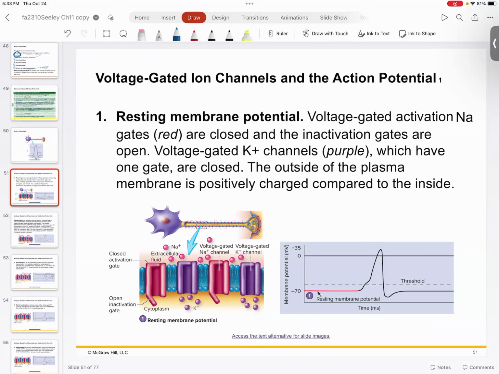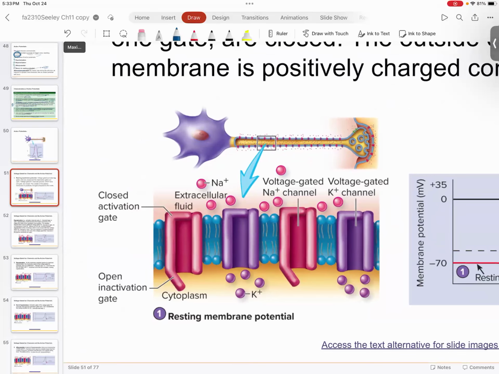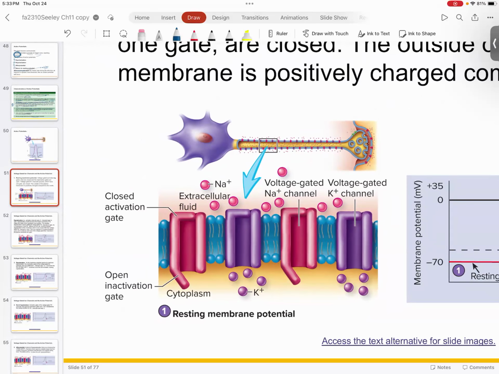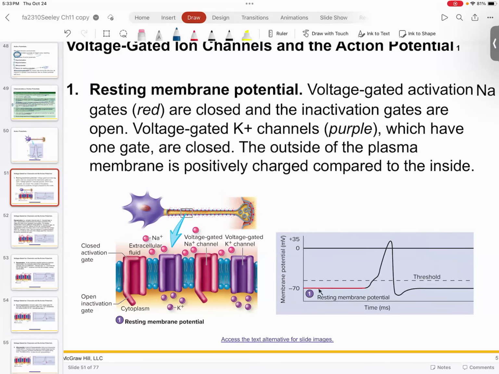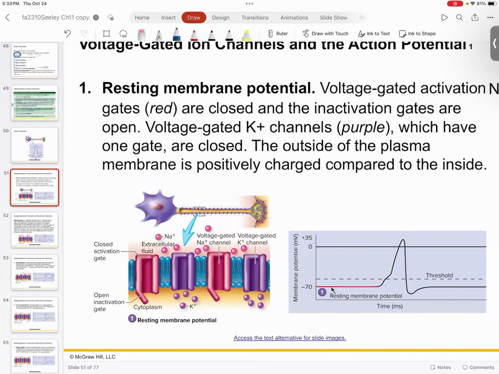First of all, what we have in the beginning is the activation of the sodium gates. The sodium gates are the red ones. The important thing to remember is the sodium gates, unlike the potassium gates, have two gates on them. They have an internal and an external gate. Normally at rest, your voltage gates have one gate closed, and that gate is the activation gate, the one on the outside of the plasma membrane.